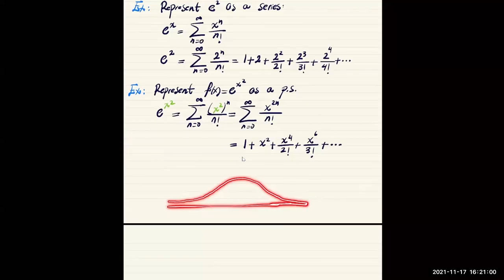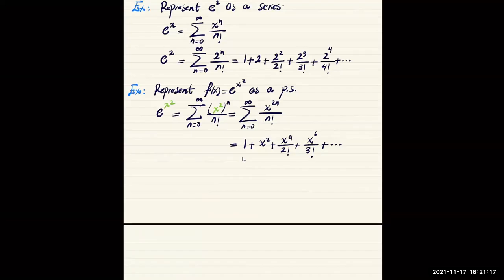The graph of this function involves e to the negative x squared. And the area under that curve is probability. We need to find probabilities, so we have to integrate e to the negative x squared, okay?